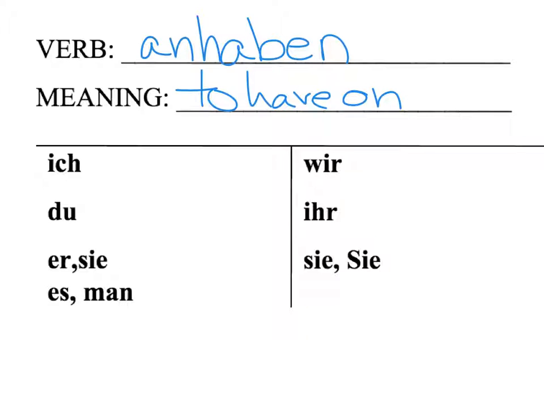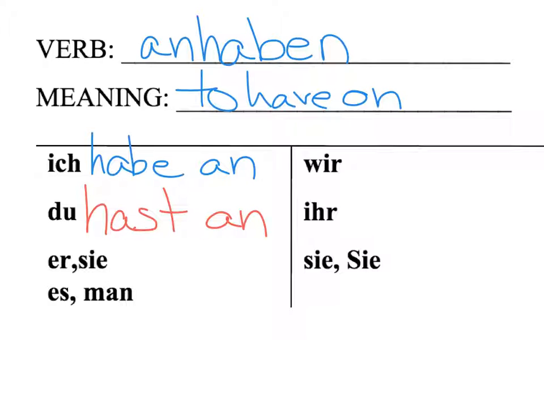Okay, so how do you conjugate it for ich? Habe an. Du? Hast an. I'm going to write it in red since it's slightly irregular. Er, sie, es, man? Hat an. Wir?